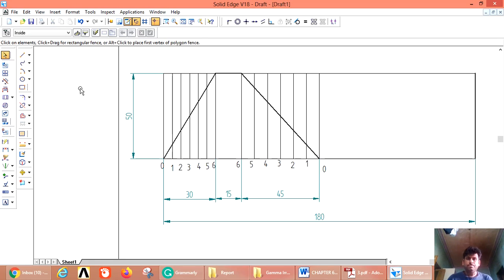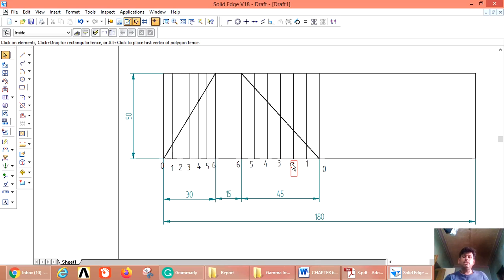Got it? Where 50 mm represents the maximum displacement of the follower, the angles are represented in centimeters by taking the scale that 1 centimeter equals 20 degrees. So 60 degrees is 3 centimeters, that is 30 mm. The remaining 30 degrees dwell is 1.5 centimeters, so 15 mm.